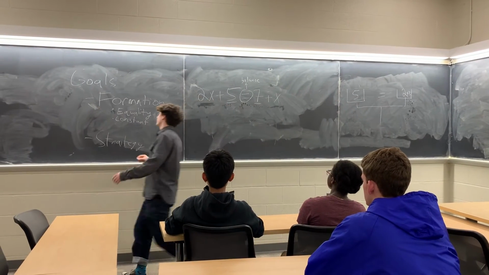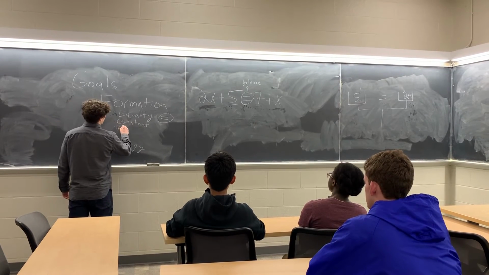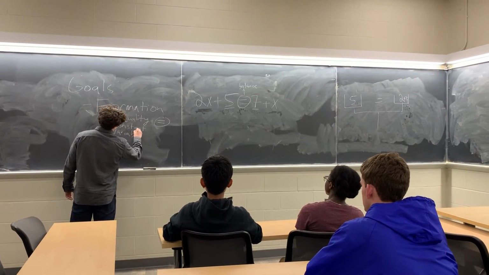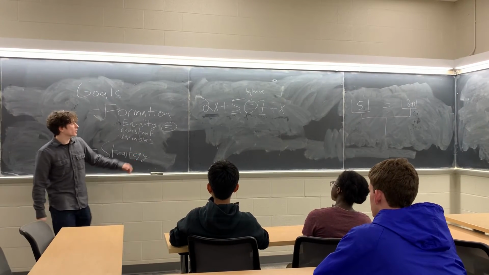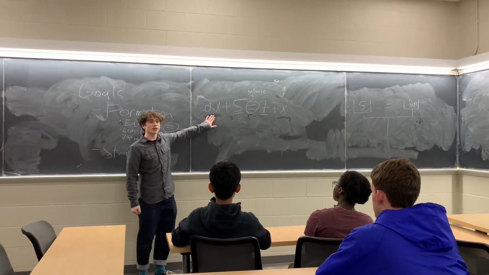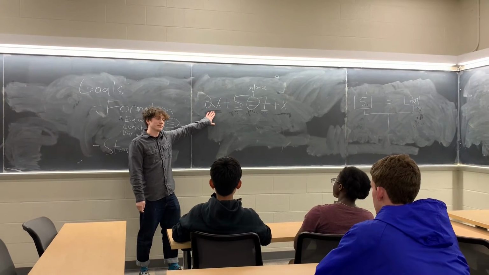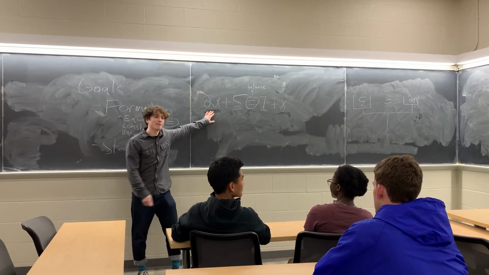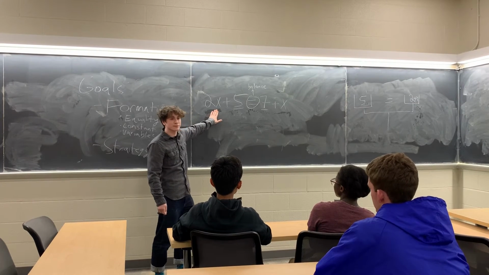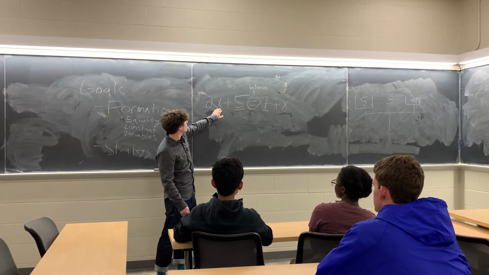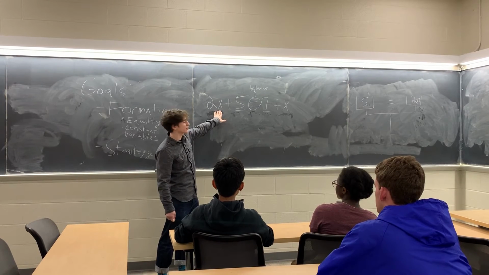So we have number 3, variables. Let's do a quick check. 2x, is that a variable or a constant? Variable. Why? Because x represents a certain number, a certain number because it's unknown, and we use a letter to represent an unknown.